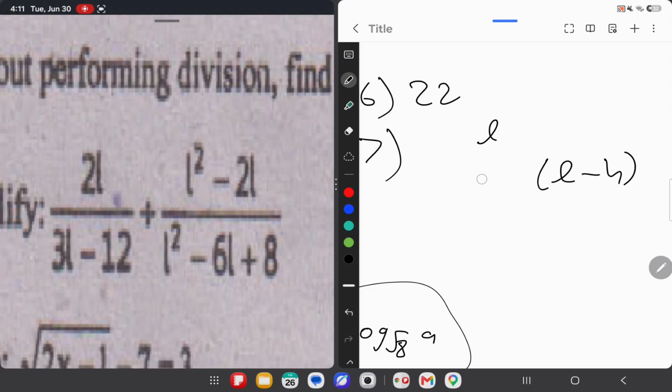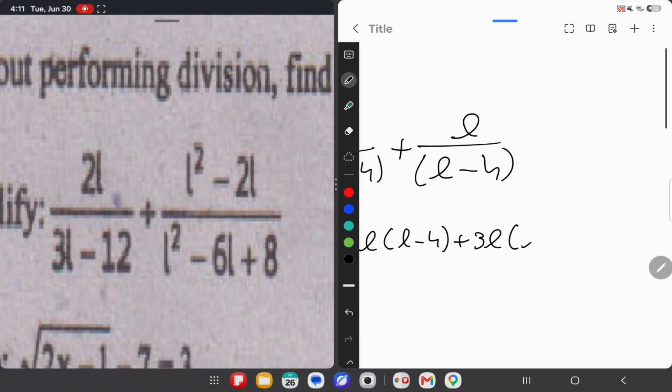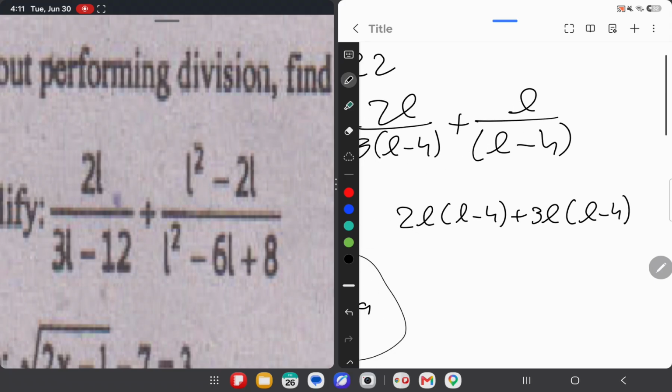We get L over L minus 4 plus 2L over 3L minus 12. This is 3 times L minus 4. So this is 2L, L minus 4 plus L, 3L, L minus 4 all over 3 L minus 4 squared.